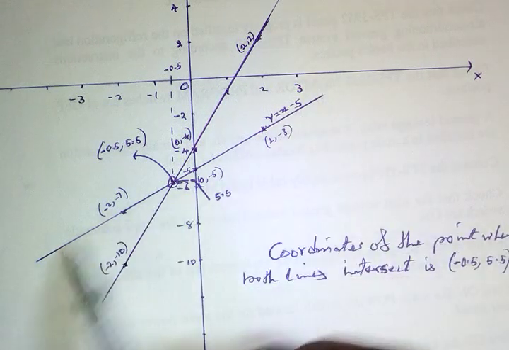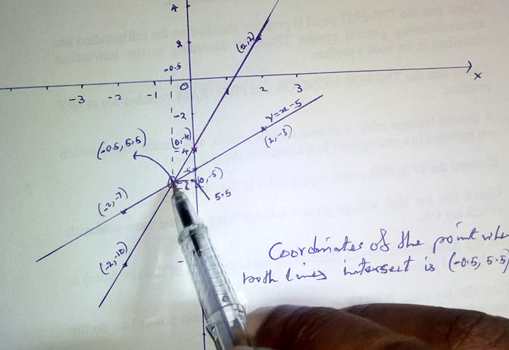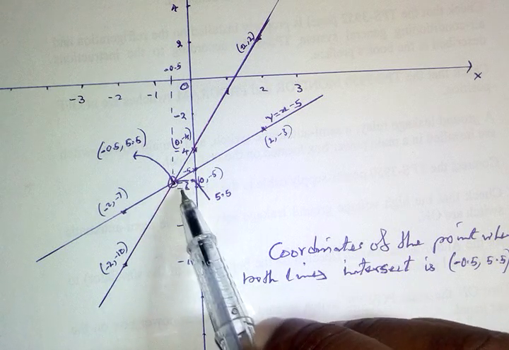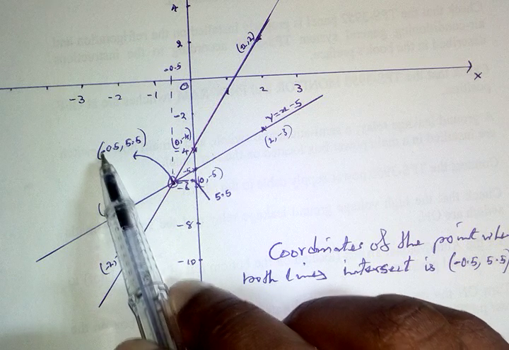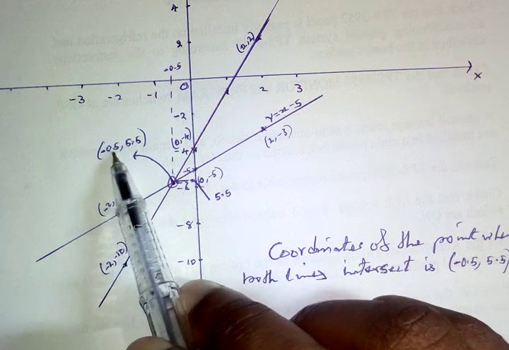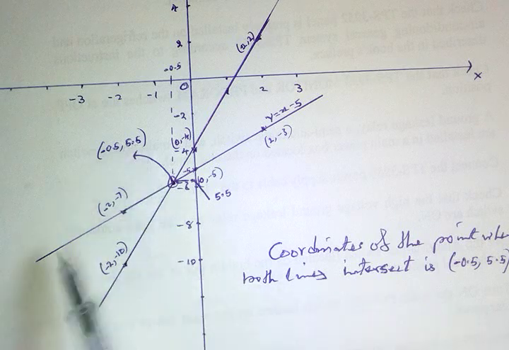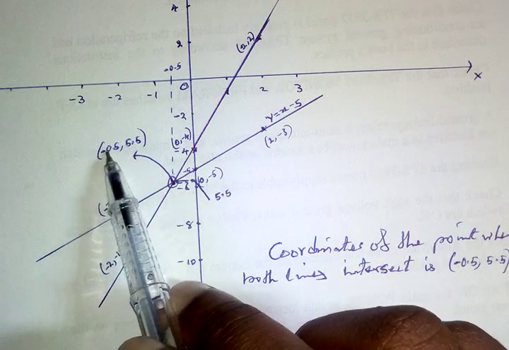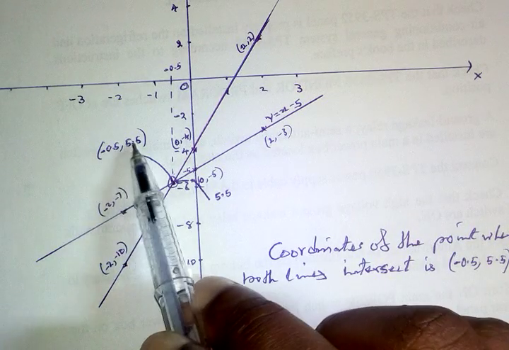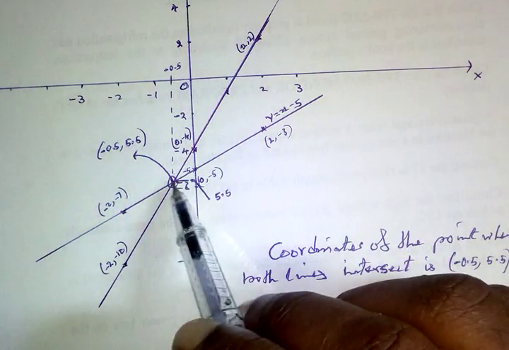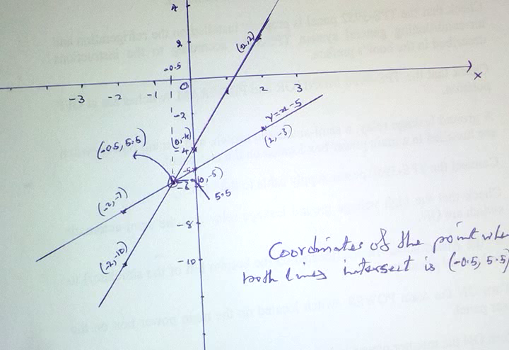So where the two lines intersect is at this point. This is where they intersect, and the coordinates of this point are x equal to minus 0.5 and y equal to 5.5. That is negative half and positive 5.5. Okay, so this is the answer we are looking for.